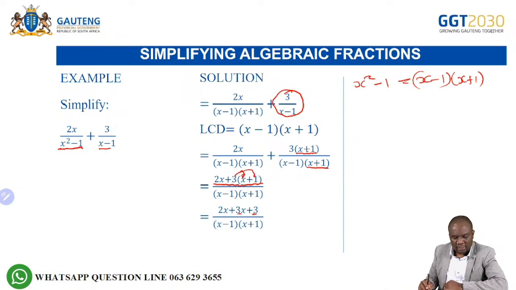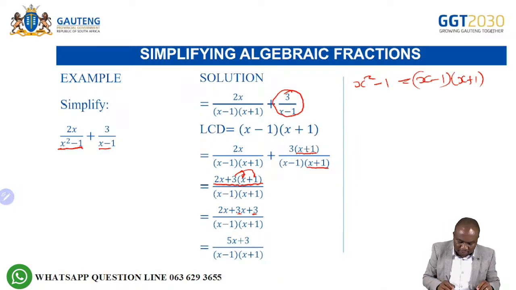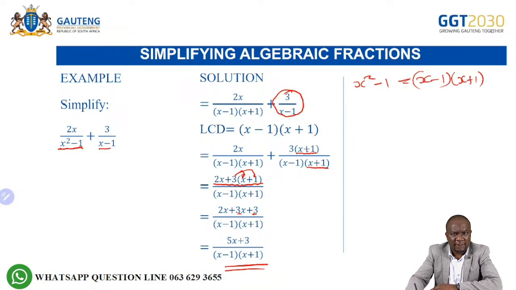Then 2x and 3x are like terms, we can add them. 2x plus 3x is 5x. So we have 5x plus 3 as our numerator. We have simplified our expression.